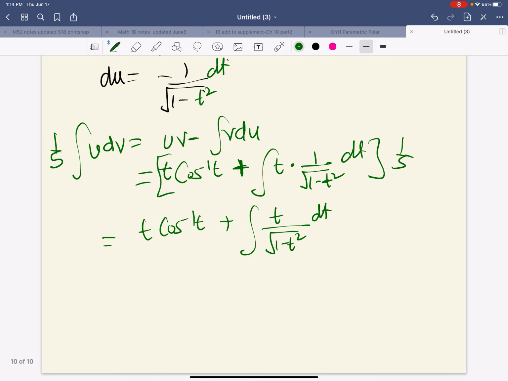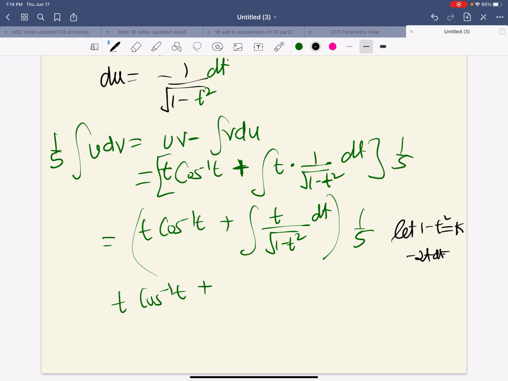Okay, so let's see. We still have 1/5 outside. T cosine inverse t plus, the derivative of the bottom is sitting on the top, so I'm going to let 1 minus t squared be k, just because. And negative 2t dt would be dk. Negative 2t dt will be dk.